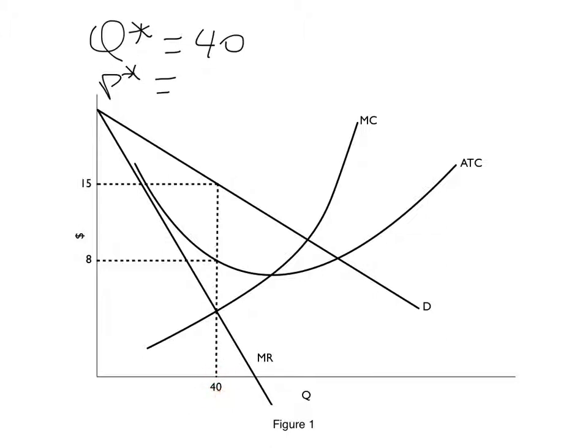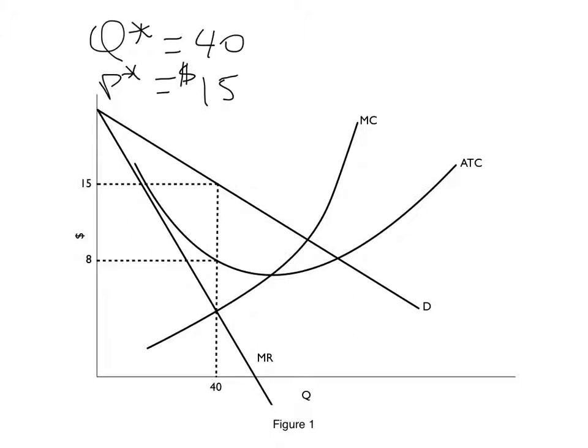They're going to choose a price along their demand curve that guarantees them a sale of 40 units. In order to sell 40 units, they must charge a price of $15. Notice that we refer to the demand curve to find price, and so the optimal price is $15.